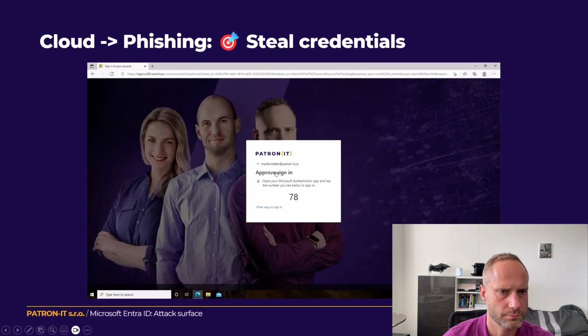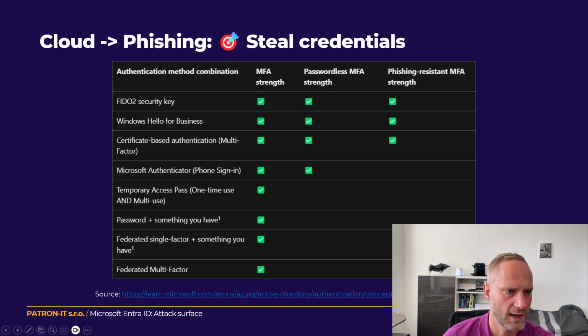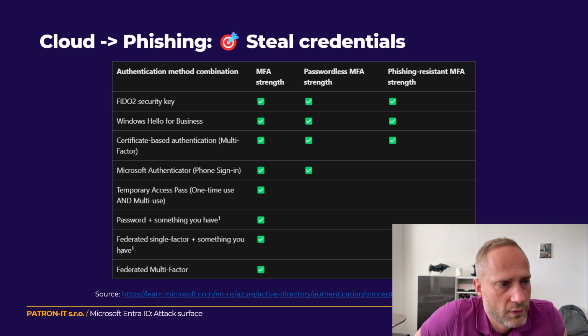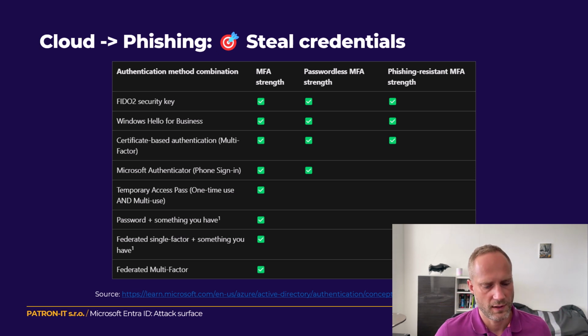So that was a demonstration I did a few years ago. Since then things have moved. Microsoft has introduced authentication strengths for authentication methods. We now have some phishing-resistant MFA methods, which means they are immune to this kind of phishing attack.